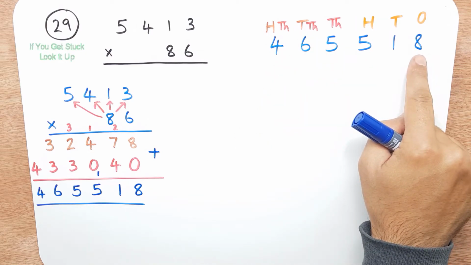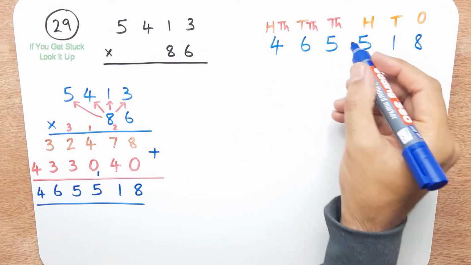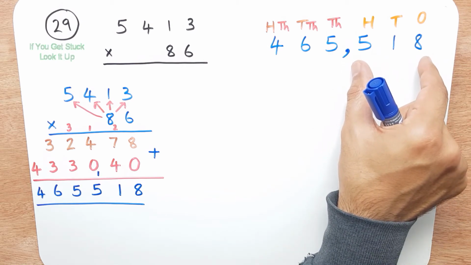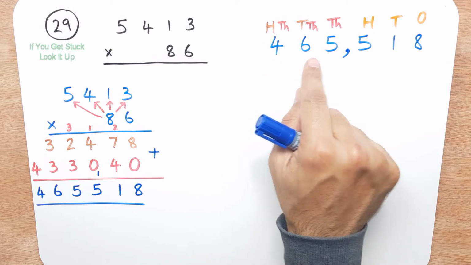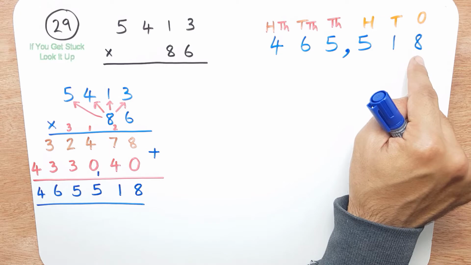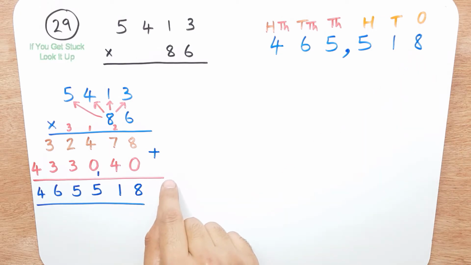As before, we have 1, 2, 3, comma. And that is your thousands. So it's 465,518. Now I'm going to rub this out and use the grid method.